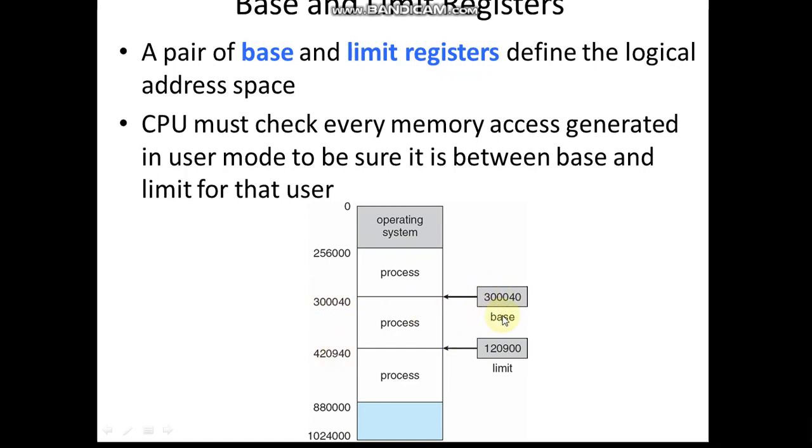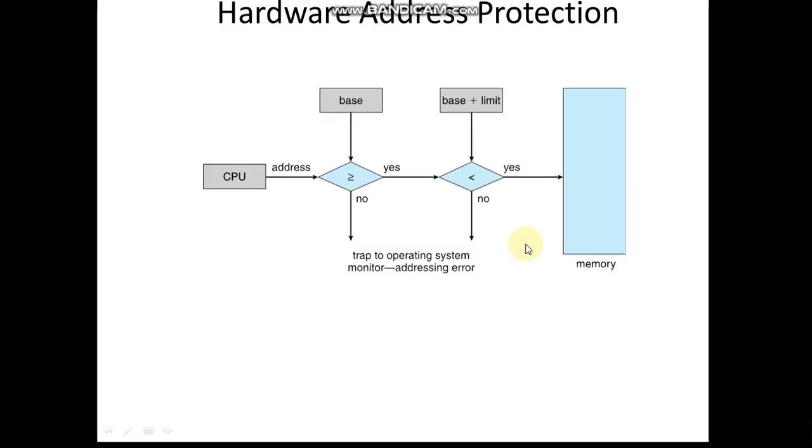So base is the starting address, and limit is the length of the whole address space accessible to that particular process. It should be within this range, not below or above it. That is checked by the associated hardware, using comparators. If it crosses any of these, the error is reported.